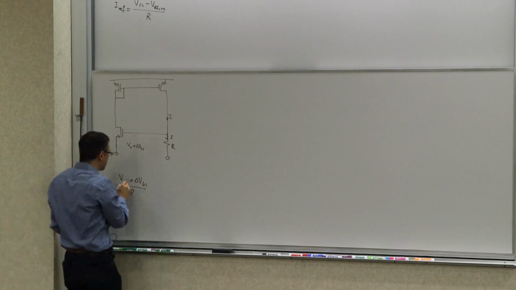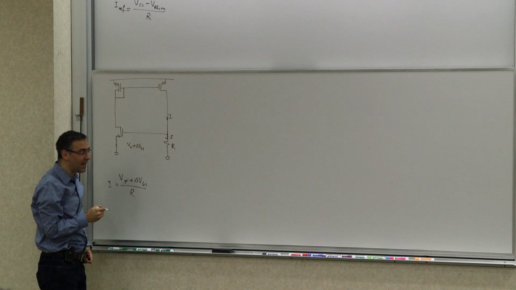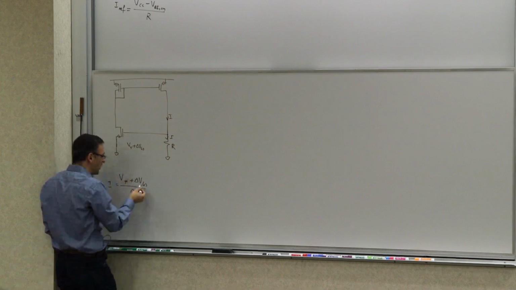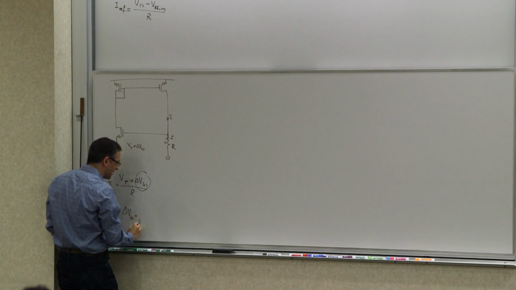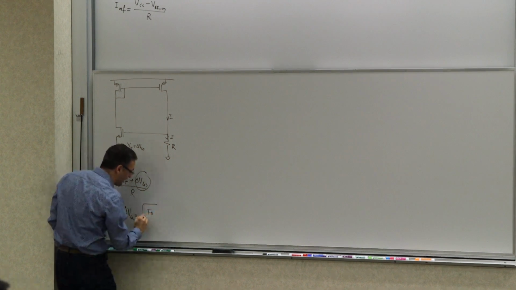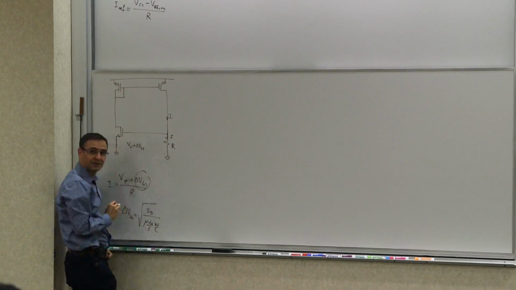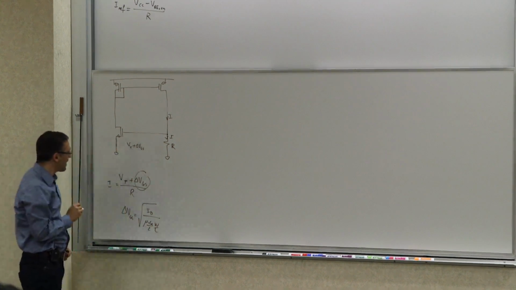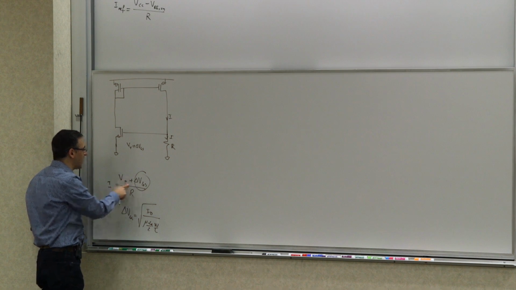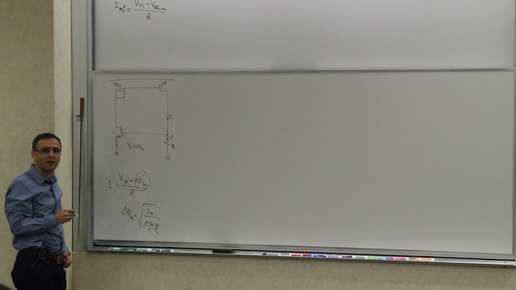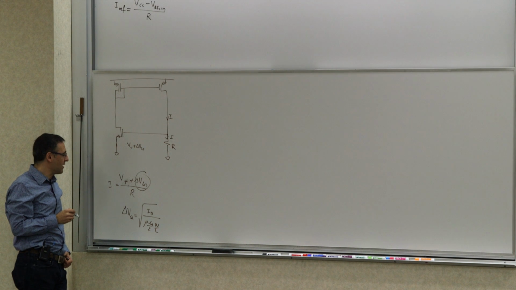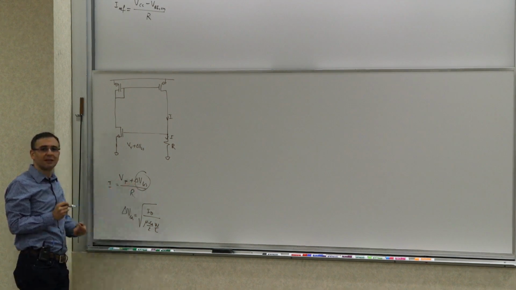Now, if I wanted to make it mostly dependent on VT, what do I need to do to make my delta VGS small? We know delta VGS is the square root of ID over (mu n Cox over 2 times W over L). So can you propose a simple way to make this delta VGS relatively small compared to VT? I want the impact of this term to be small compared to that term.